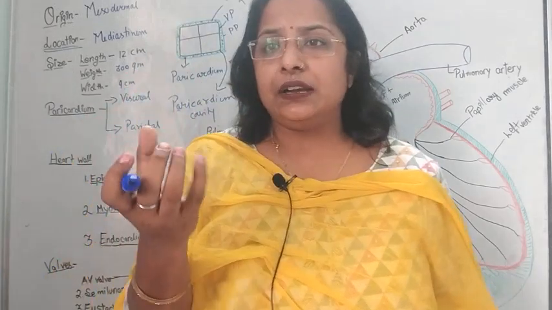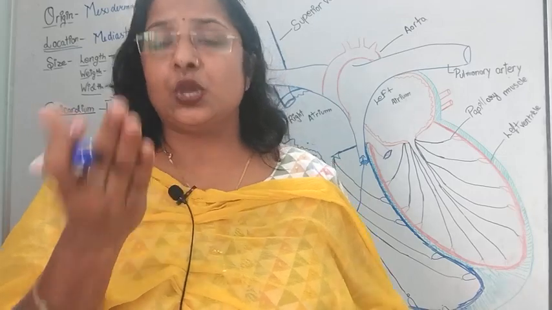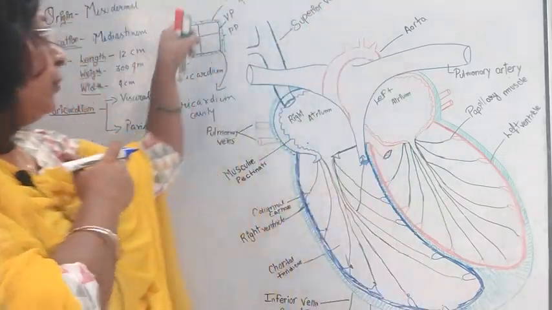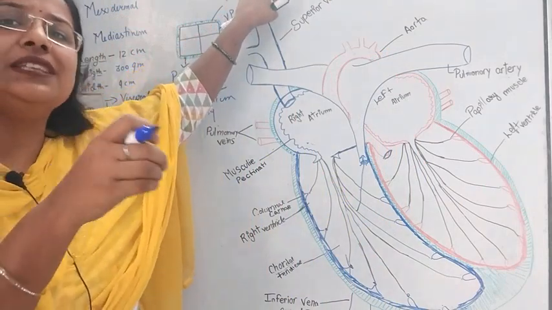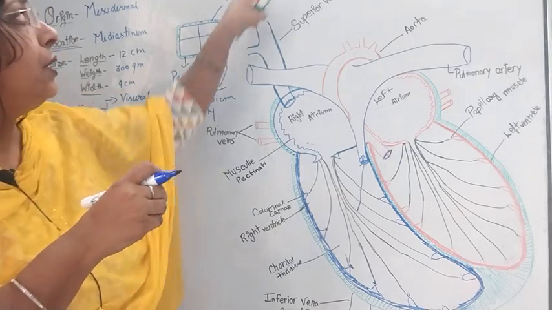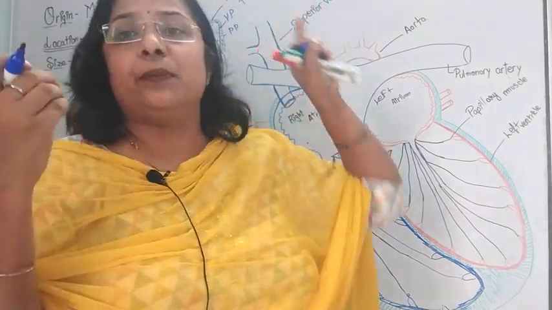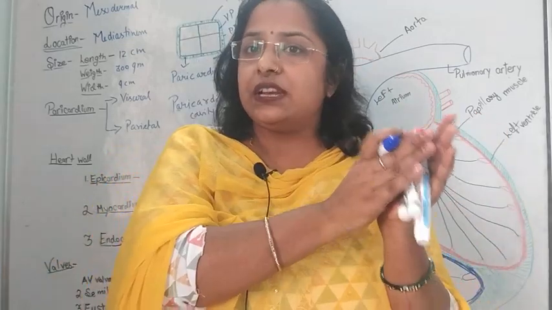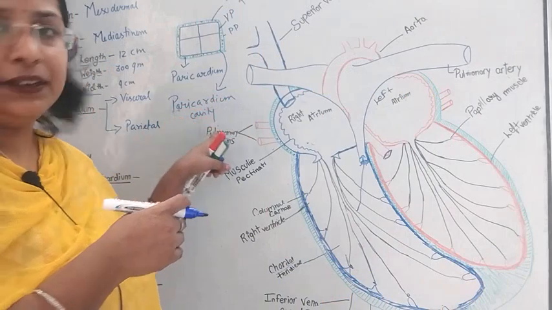Actually, the heart continuously contracts and relaxes, so this fluid helps the heart move without friction. Frictionless movement is helped by the pericardial fluid, which is present between the visceral and parietal pericardium in the pericardial cavity.